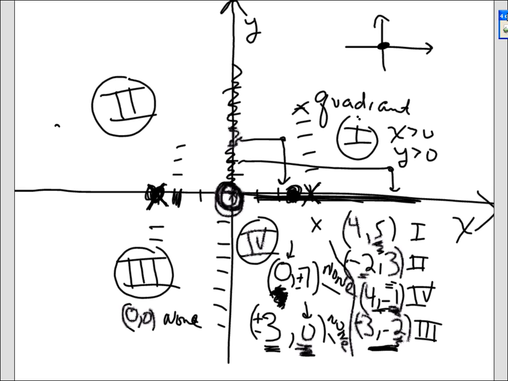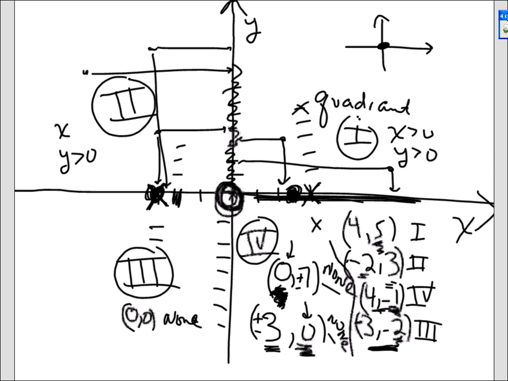In quadrant 2, the y's are still positive. Any point I pick in quadrant 2 brings me to positive y values. But the x values, they're negative. This x value is negative. These are the negative x values.